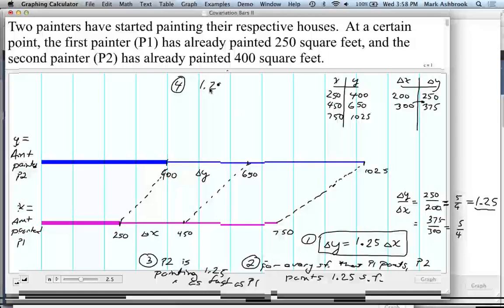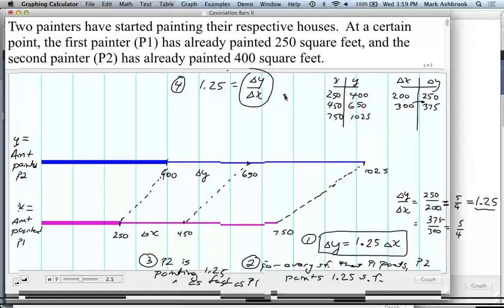What is that number? That number 1.25 is the quotient or the ratio of delta y to delta x. So what does quotient represent? When you divide 2 values, what does it represent?